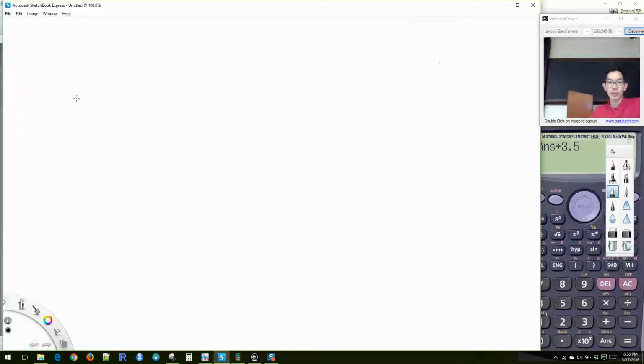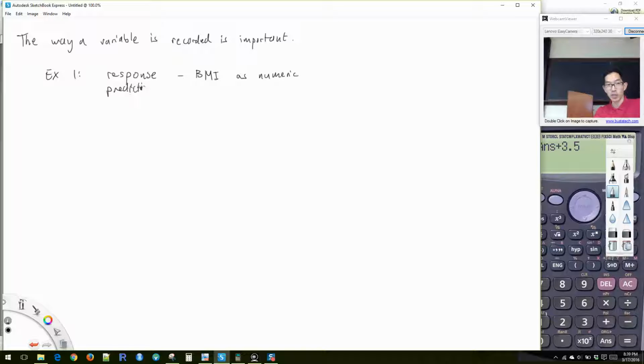So maybe I'll write that. Example 1: I would say BMI is our response. It's the variable that we're measuring. BMI as numeric, and our predictor could be gender.